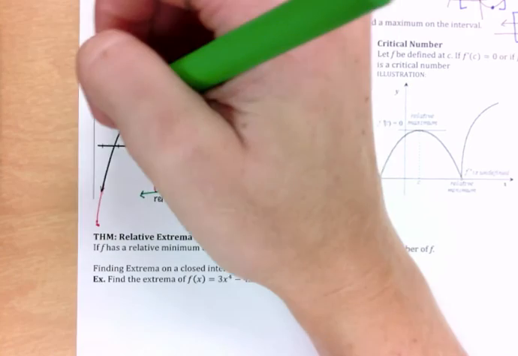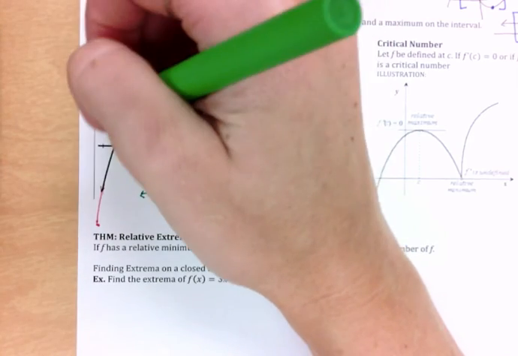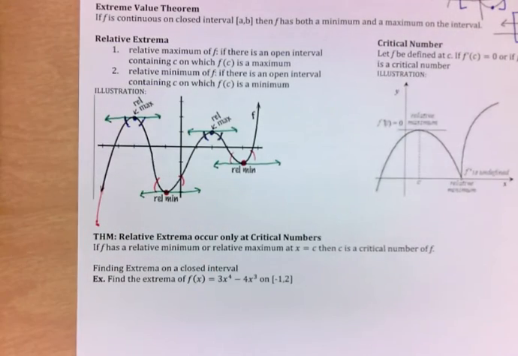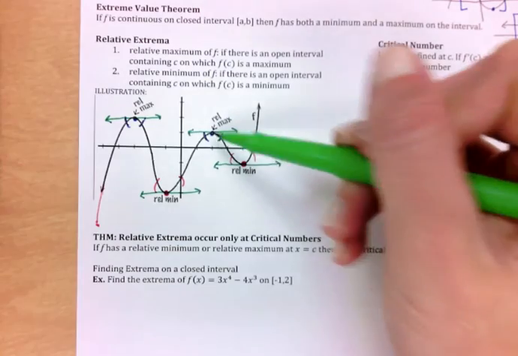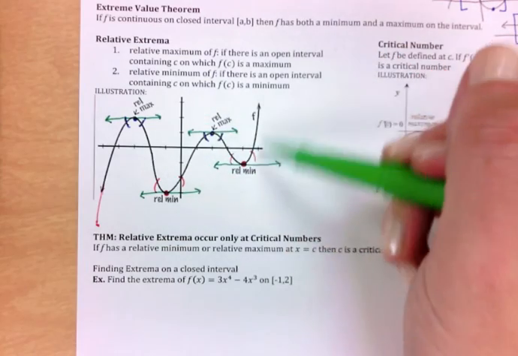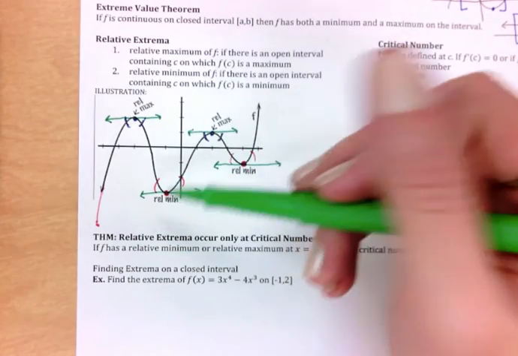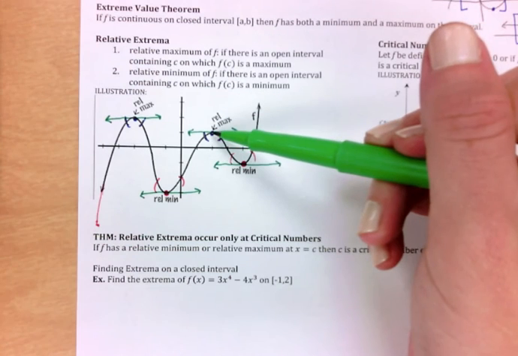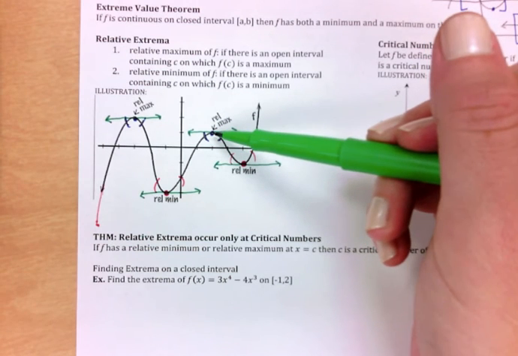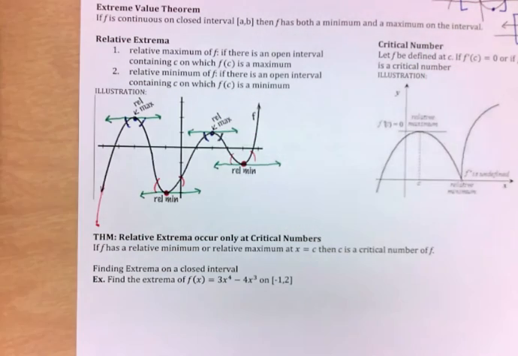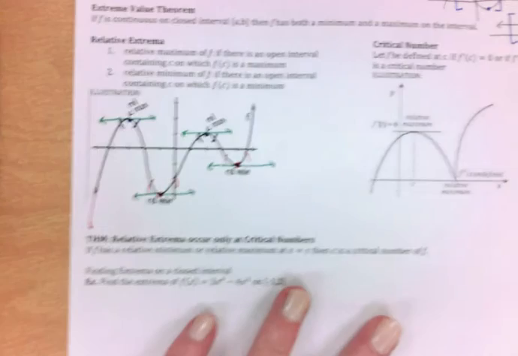That is very significant. Instead of plugging in millions of numbers and hoping for the best, we can strategically find them, because we know it's going to happen when our tangent slope is 0. So let's just find where our tangent slope is 0. That's what a critical number is.